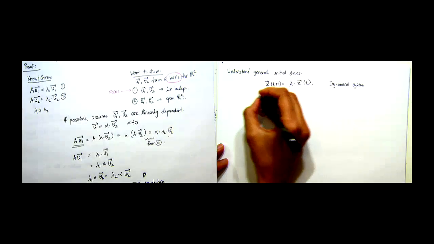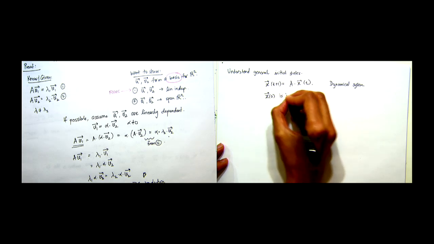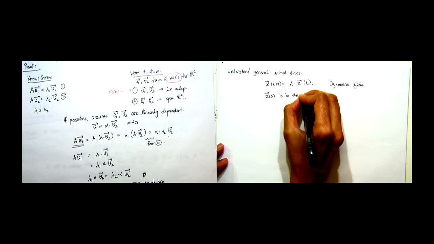But now we know that if x at time 0 is in steady state, then the state does not change, no matter how many times you apply A. But now, what if you start in a state that isn't the steady state?